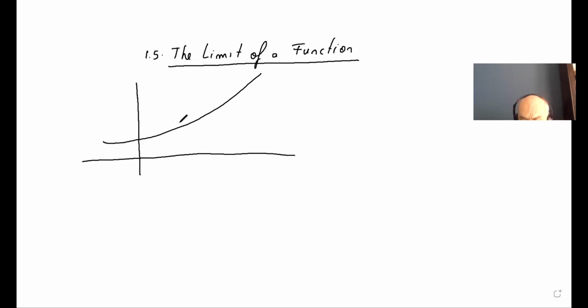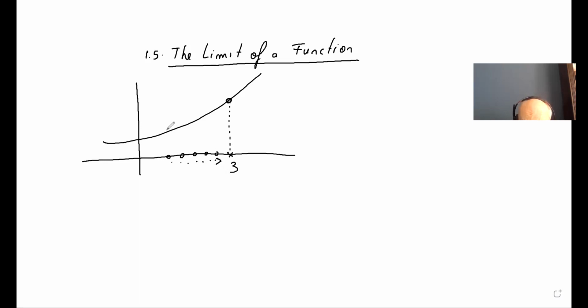And somebody's asking you, if you take a point here, and the point will be the point 3, what happens if you take a sequence of points getting closer and closer to 3, but not exactly 3?